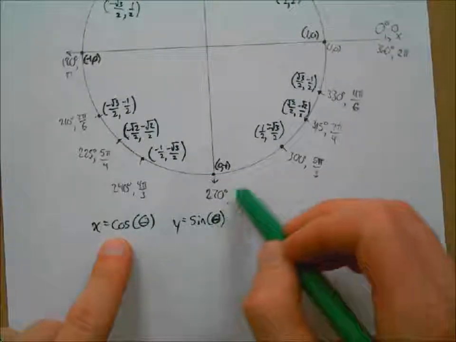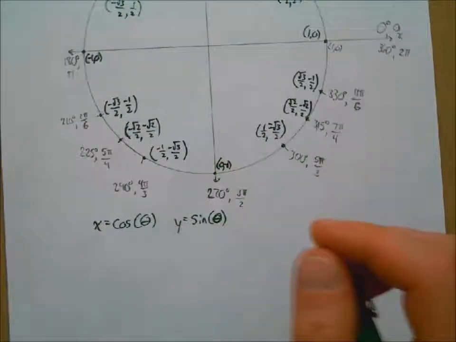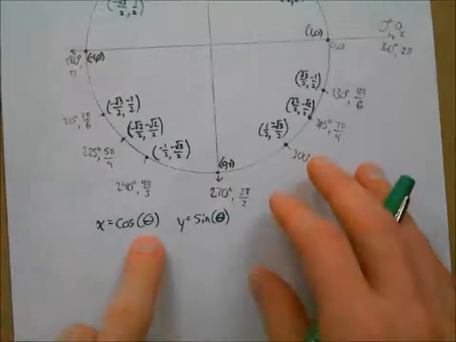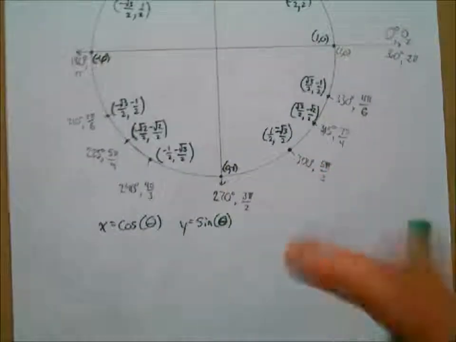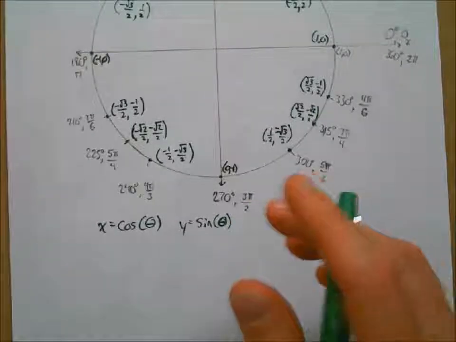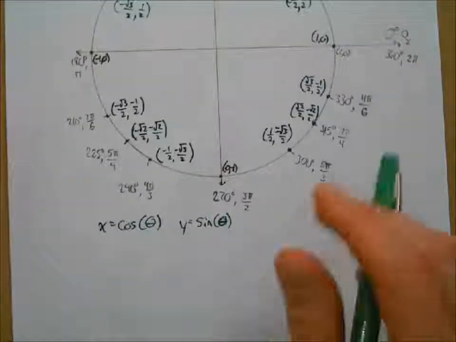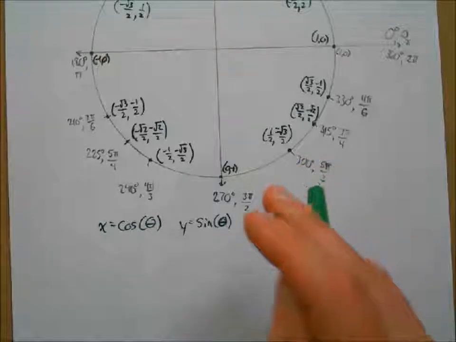What is the x-coordinate here? 0. So cosine of 3 pi over 2 or cosine of 270 degrees is 0. If you type it in your calculator, cosine of 3 pi over 2, and you're in radian mode, you get 0. If you type cosine of 270 degrees in your calculator, and you're in degree mode, you get 0.